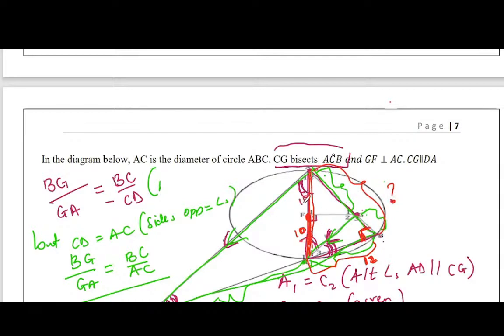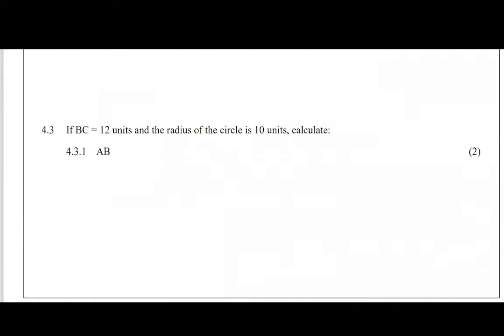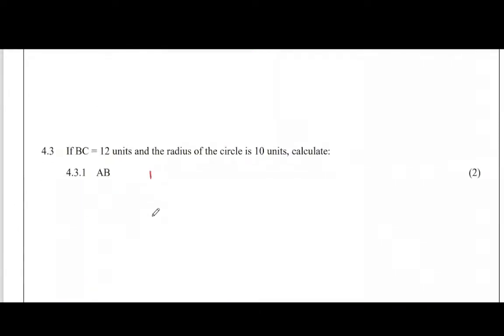This 10 and that 10 will give us the hypotenuse. So from that triangle, we have a 10 and a 10, which is a 20, and then that's a 12.